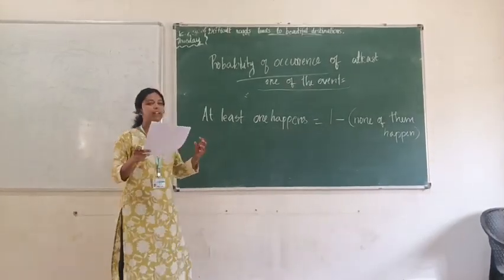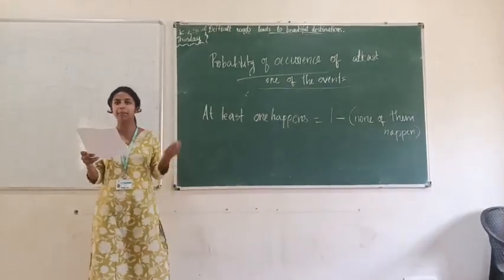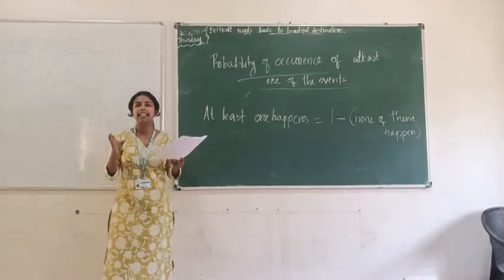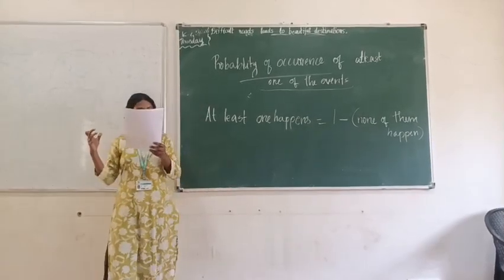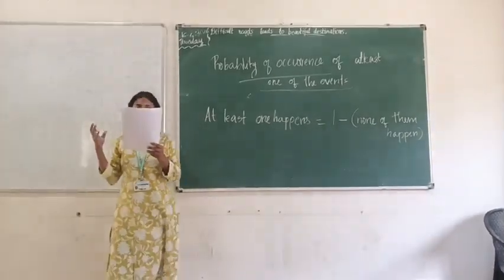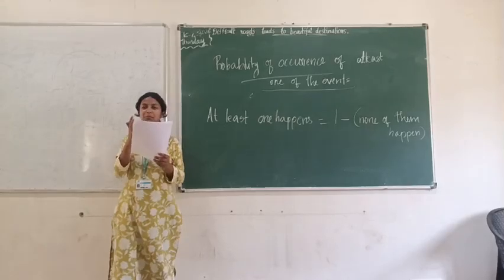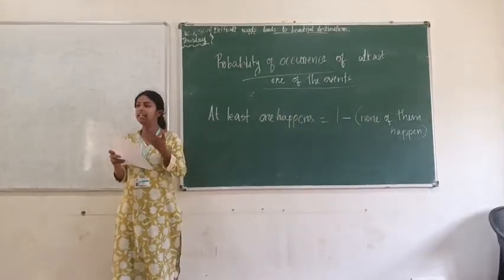So first, when we are getting into the problem, we have to compute the values of the probability. Then we have to identify the number of trials to be computed. That means there will be various trials.